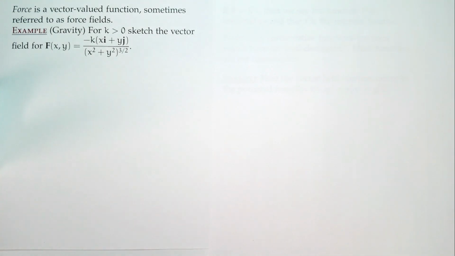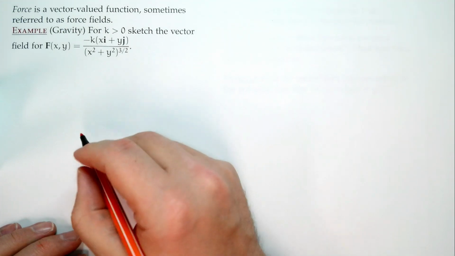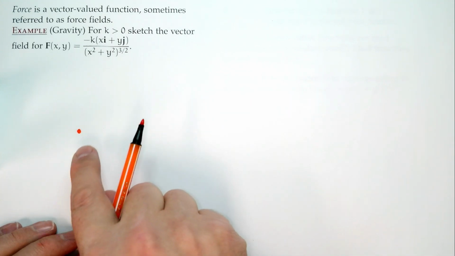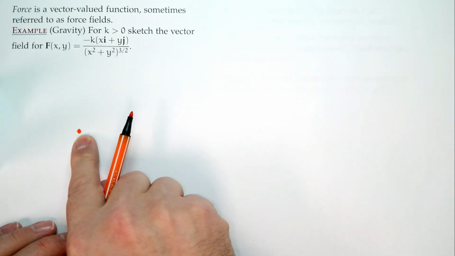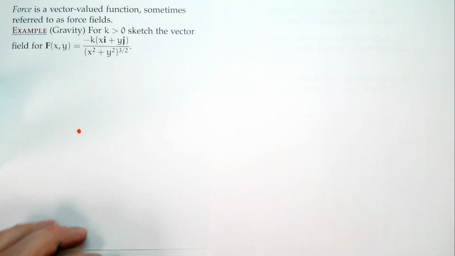Now, what does that mean? Well, the way we tend to think about gravity is the following. You might imagine that you have a very heavy object at your center. This can be a very heavy object, like a planet or a sun, or if you want to go super heavy, a black hole.